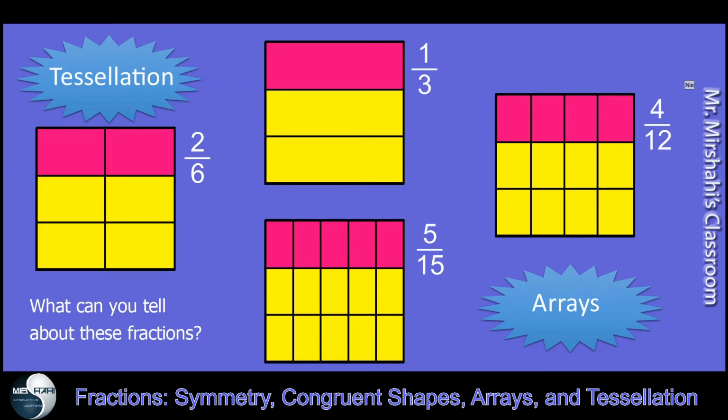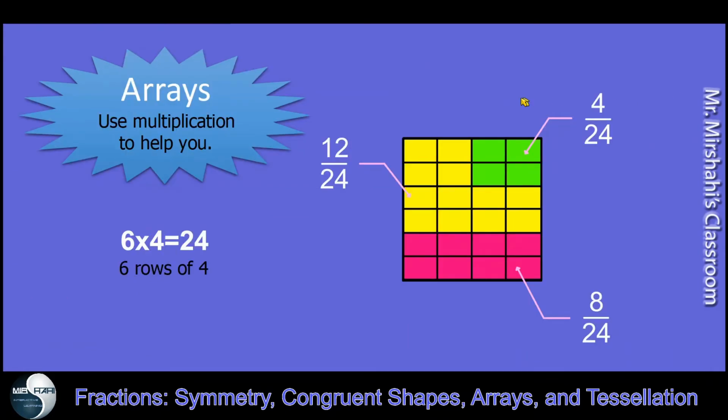Let's move on to the next one. Now, arrays are very useful because you can use multiplication to count them quickly. So here, for example, I have an array of 6 by 4, 6 rows, 4 columns. There are 24 little tiles here.